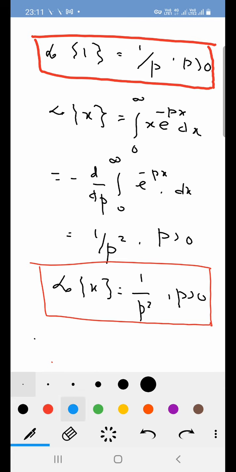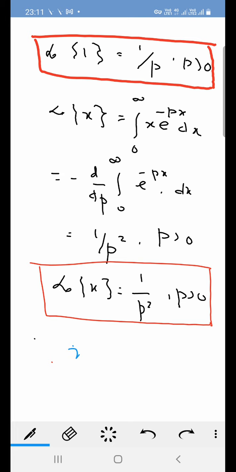Similarly, we have x to the power n. We need to find the Laplace transform of this power of n. So we start with the integral from 0 to infinity of x to the power n e to the power minus px dx. Let's write it once more.